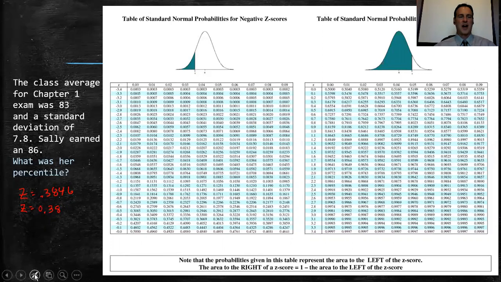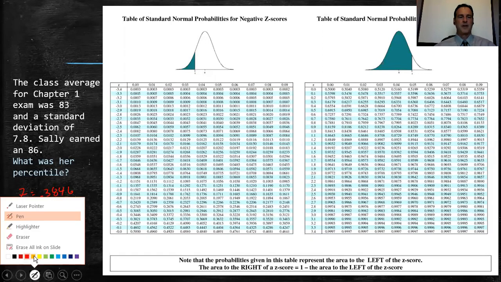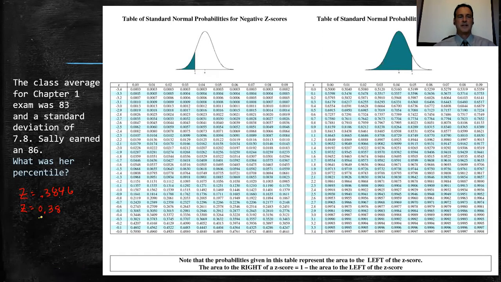I'm going to look up on my chart this 0.3 that you see in the front. If it were negative, it would be on the left side, and if it were positive, it would be on the right side. These are the positives, these are the negative z-scores, and positive 0.3 is right here.